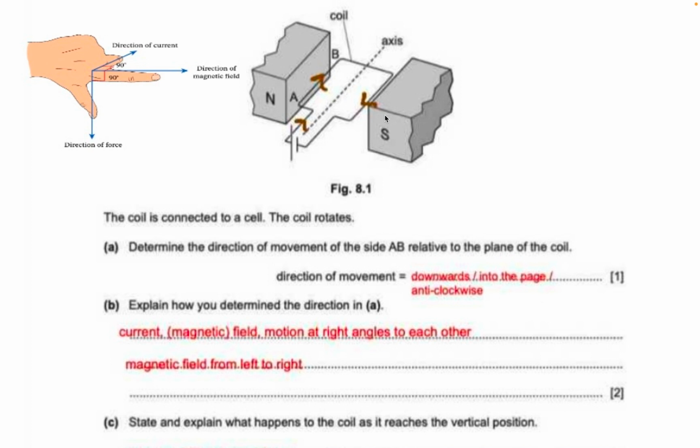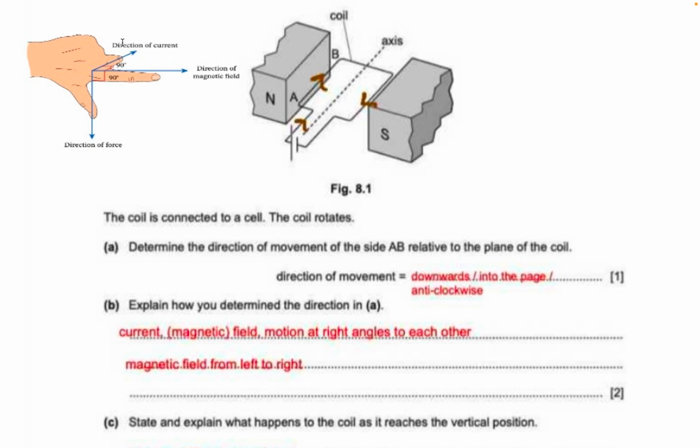What about the direction of the electric current? Here we have the cell, and you know that the current through the circuit connected to the cell moves from the positive pole and returns back to the negative pole. So this is the direction of the current, as you see. So we have to use Fleming's left hand rule. The first finger points toward the direction of the magnetic field.